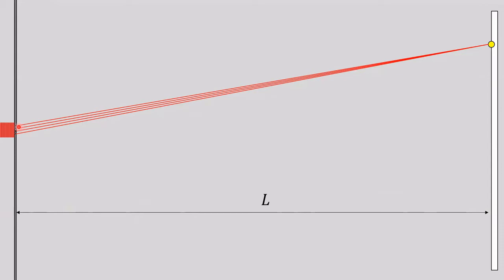Of course, if we drew it like that, there wouldn't be much to look at in this diagram. But you can see already that as we put the screen much farther away from these slits, compared to the slit separation, then these rays look more nearly parallel. And they're all making basically the same angle theta with the forward direction.